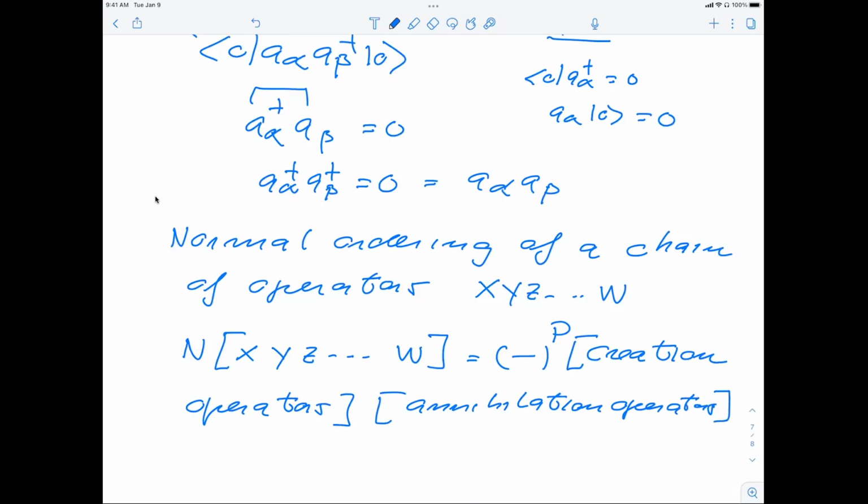So normal ordering means simply that we put all the creation operators to the left and annihilation to the right. And then when we act on the vacuum state, this gives automatically 0.